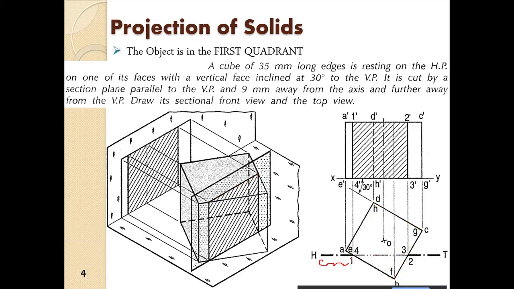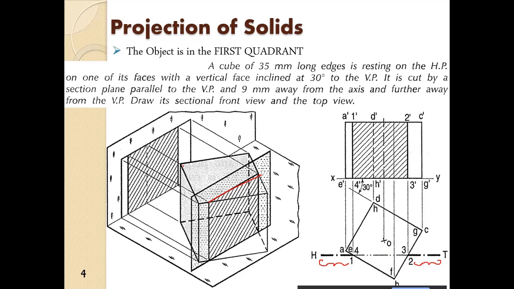So this is the outside portion of the plane which is intersecting with the cube, and this is the intersection part. You can see this is dash dot dash and this is dash dot dash. So that you have to keep in mind.